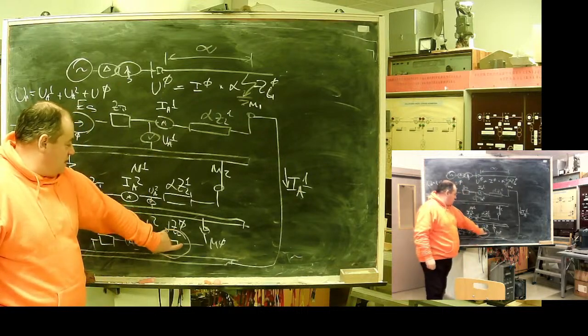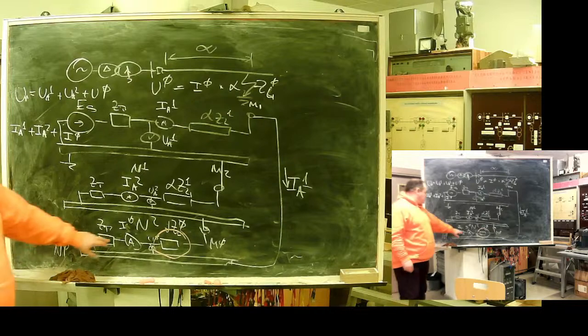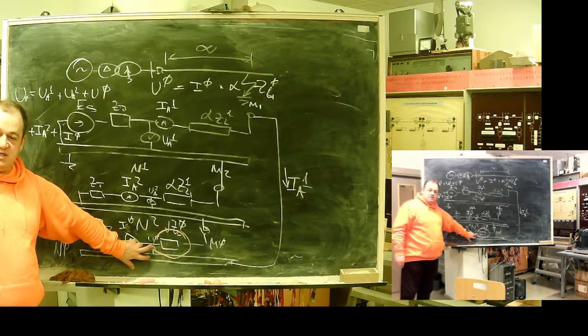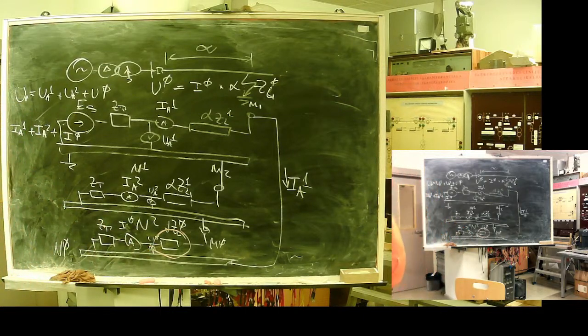We need to eliminate this voltage drop. We control this current and we control this voltage. We can get it because it's easy to create a zero sequence filter.